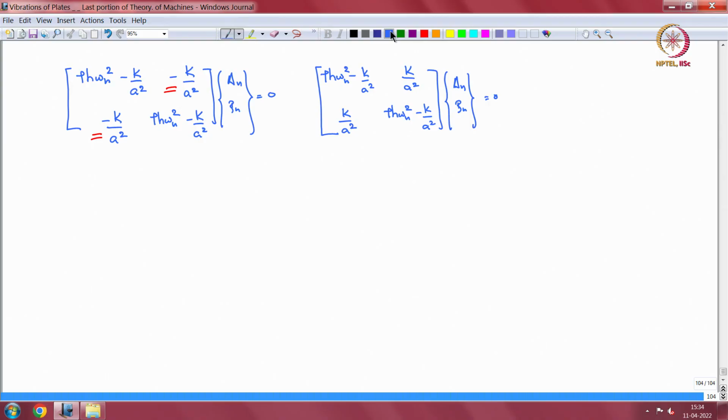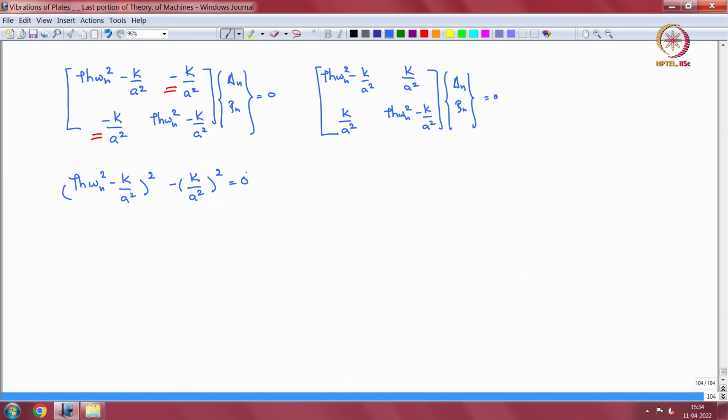Okay. Now if I take the determinant, what do I get? I get (rho h omega_n^2 minus k by a^2) whole squared minus (k by a^2) whole squared equal to 0.